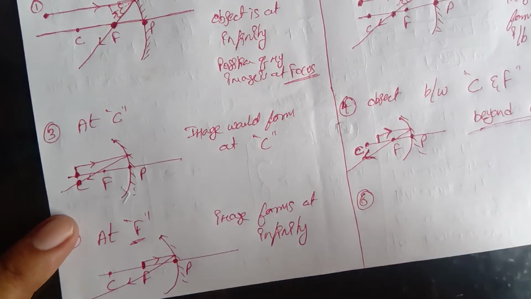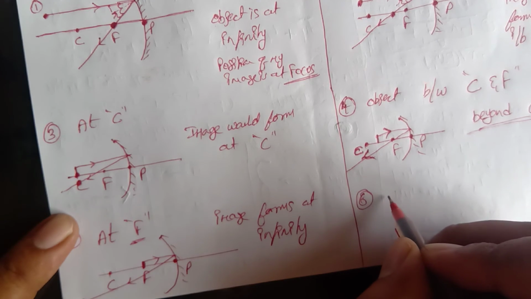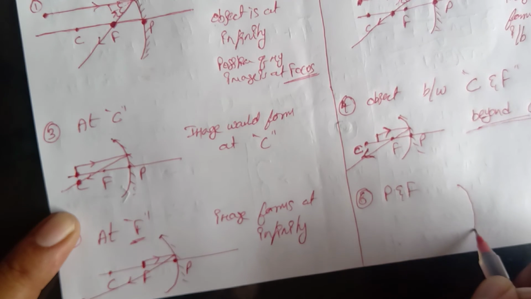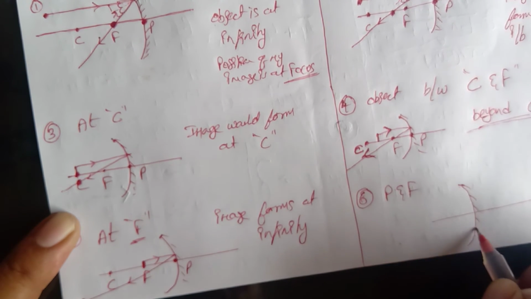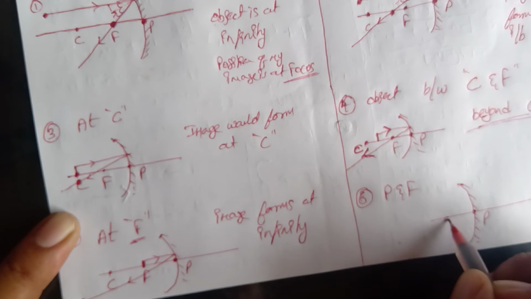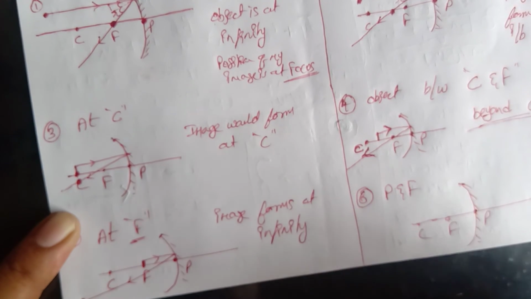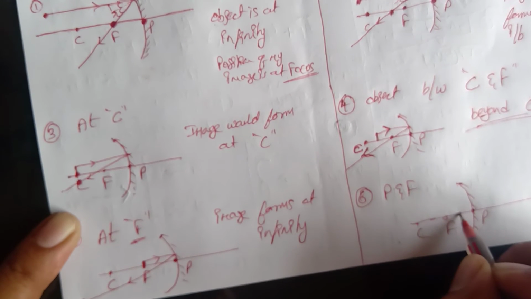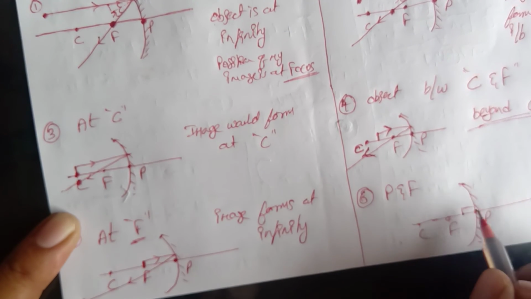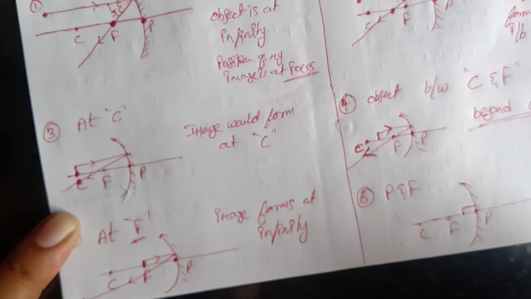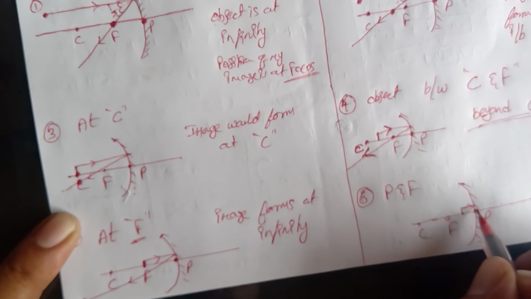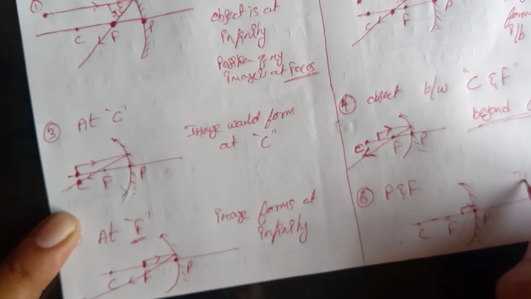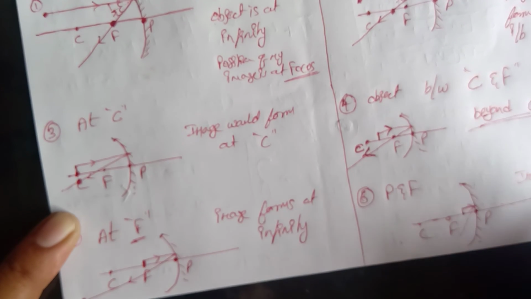And the last one, whenever my object is between P and F, meaning pole and focus. So if this is my mirror, this is my pole, this is my focus, this is my C. Whenever my object is between P and F, then my image would form behind the mirror.